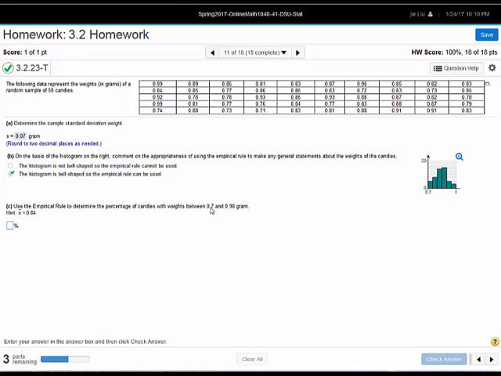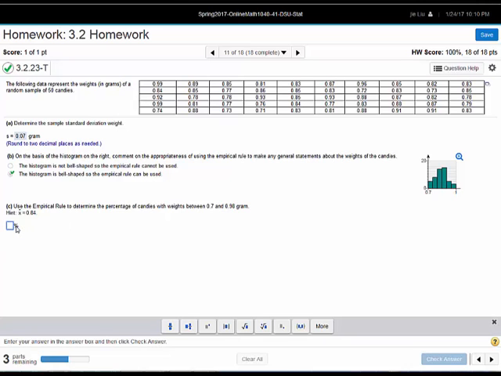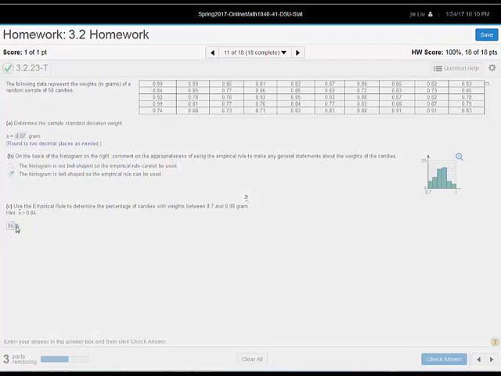Do the same thing with 0.84 minus 0.14, and you should get 0.7. That means 0.7 and 0.98 are 2 standard deviations below and above the mean. By the empirical rule, that should give you 95%.